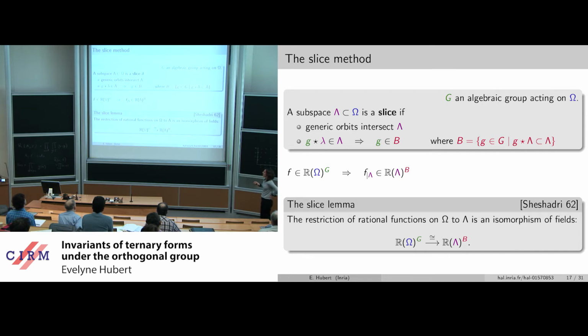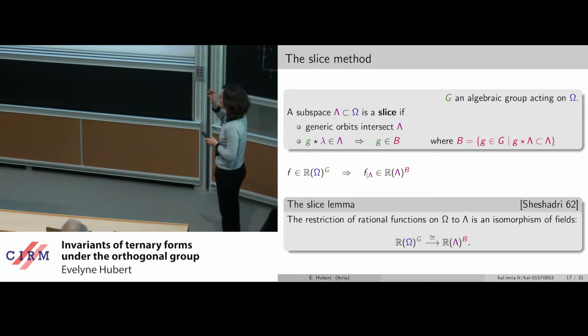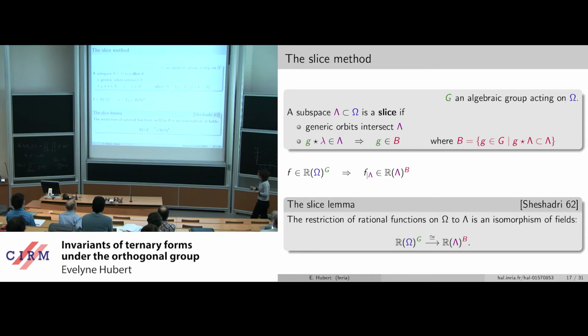So if you have an invariant of your big group acting on your big space, if you restrict it to this section with this nice property, then it becomes an invariant on this slice according to the smaller group. That's easy to see. And what the slice lemma says is that this restriction operation is actually an isomorphism.